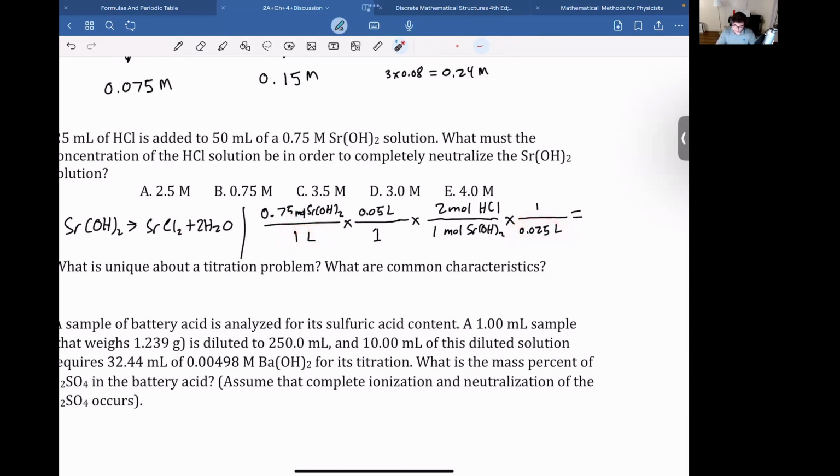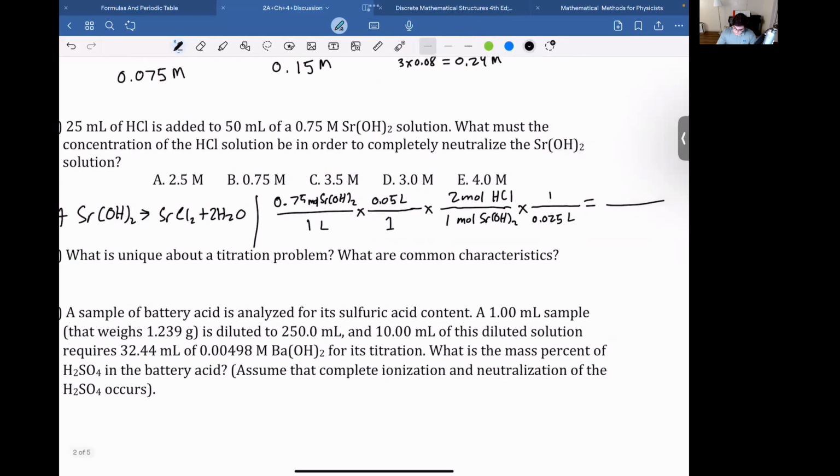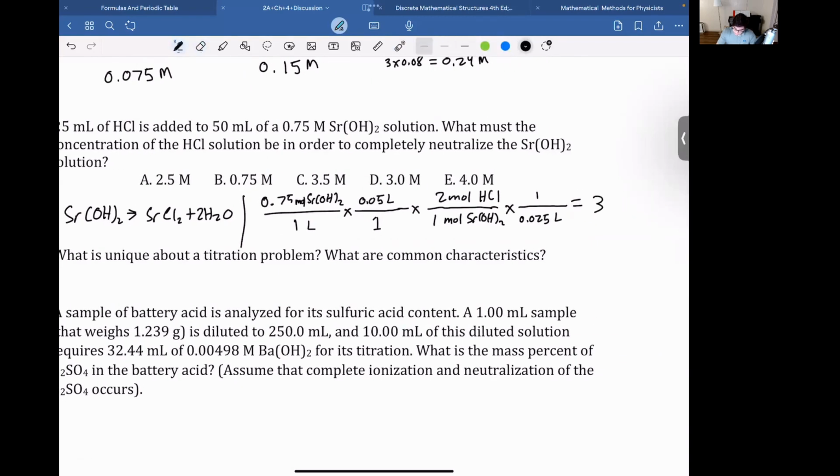This one's a HCl solution. So you could say 1 liter strontium hydroxide solution. Same here. And then this would be of HCl. So they're different units. You just have to keep the context in mind. You can write everything out. I usually don't for the sake of time. When you plug this all in, you're going to get 3.0 molar. That's your answer.